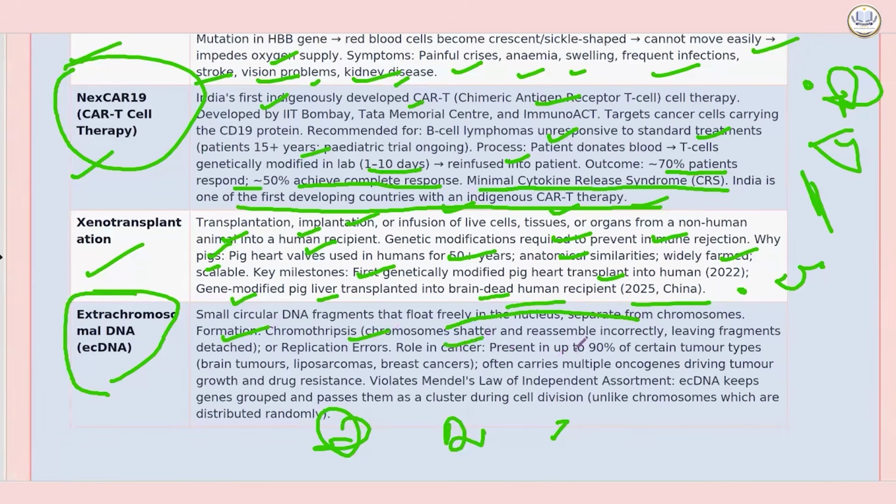Role in cancer: present in up to 90% of certain tumor types, brain tumors, liposarcomas, breast cancers, and often carries multiple oncogenes, driving tumor growth and drug resistance. It violates Mendel's law of independent assortment. ecDNA keeps genes grouped and passes them as a cluster during cell division, unlike chromosomes, which are distributed randomly.